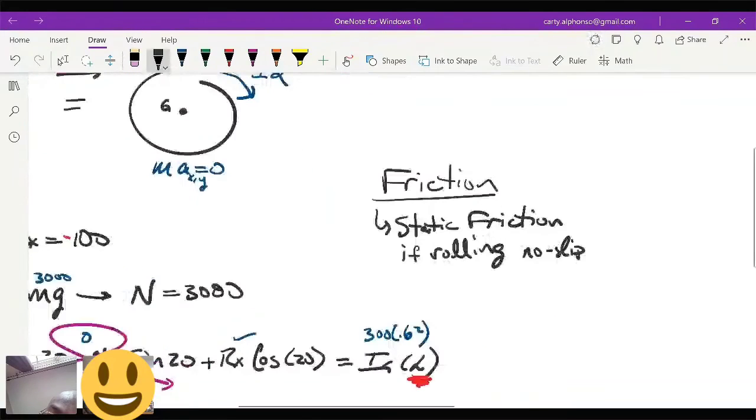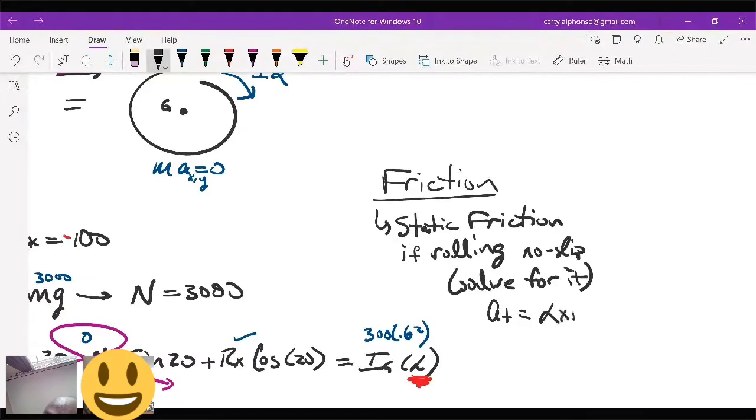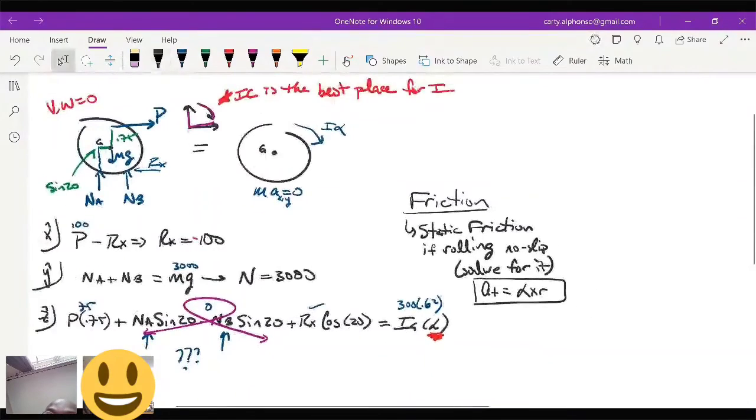You have to solve for it. But the thing is, if you're using static friction, rolling no slip, then you know tangential acceleration equals, how does it go again? Alpha times R. And so you'll know this, and that's what you'll use to back plug. That'll be your fourth equation.